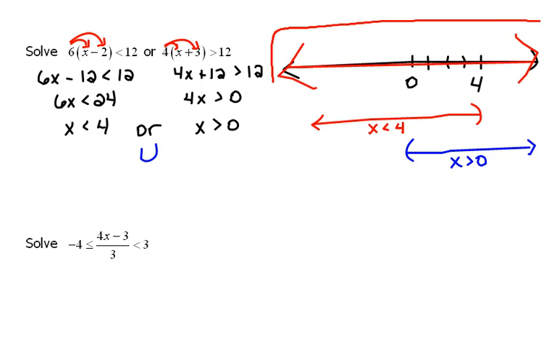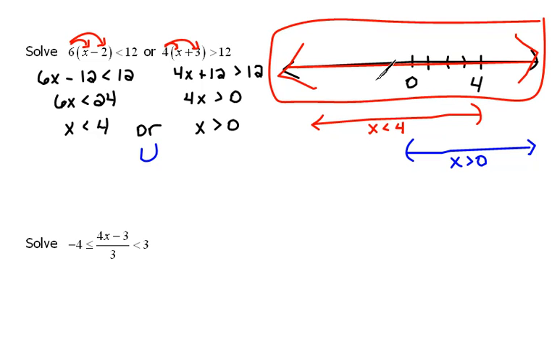So our graphical answer would actually be the entire number line. If we wanted to write it in interval notation, we would read it from the number line, starting at the left, negative infinity, and going all the way to the right, which would be infinity. So this again would be any real number.